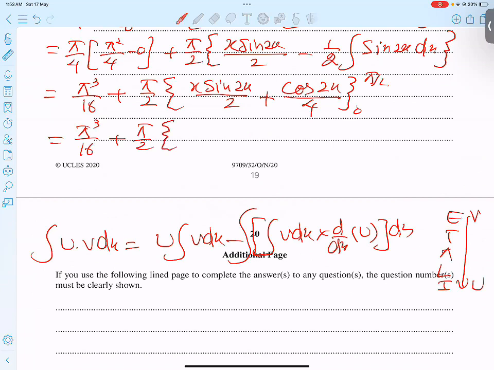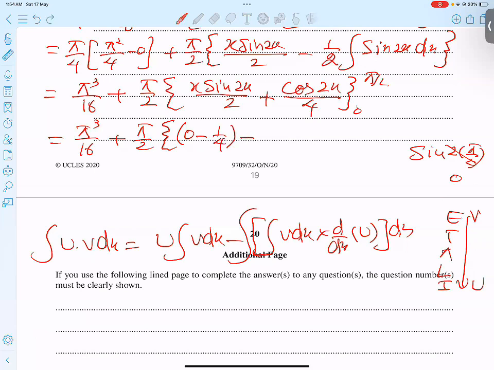When I plug in the upper limit, pi by 2 comes here. So the 2 cancels with pi by 2, and sine pi is 0. So this is 0. And plus, when I plug in pi by 2 here, the 2 cancels, so cos pi is minus 1. So basically I'm getting negative 1 over 4.